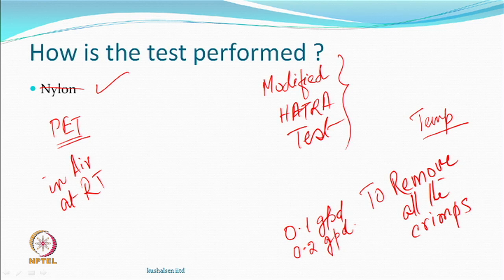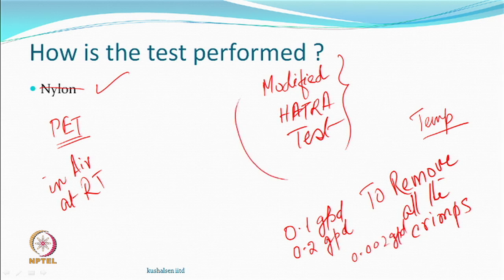So, they realized, at least some of the researchers realized, that if you use 0.2 grams per denier, then all the crimps are removed. So, the first length that you measure is when all the crimps are removed, and the second is just recovery, which was still kept at 0.002.